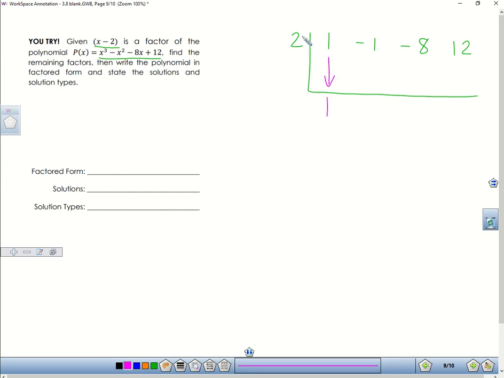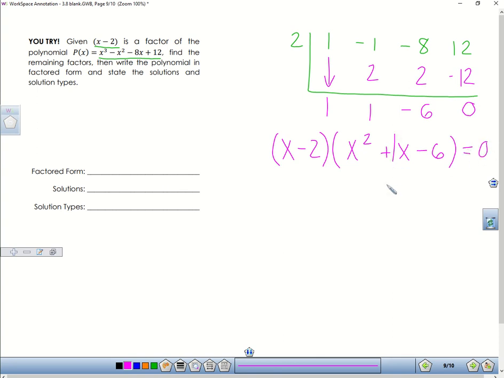We'll bring down the 1, multiply, combine, multiply, combine, and multiply, combine. We rewrite our original, whatever we divided by, and this is x squared plus x minus 6, or 1x if you want.